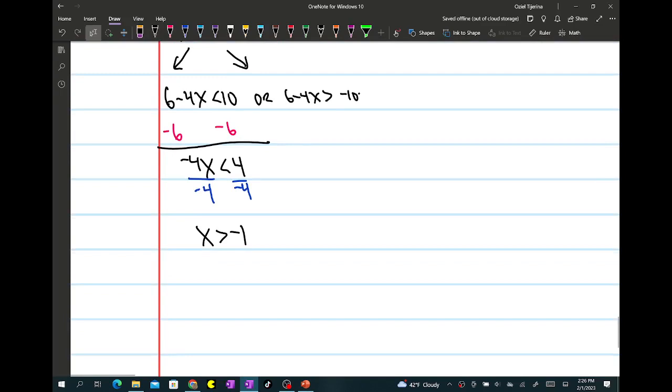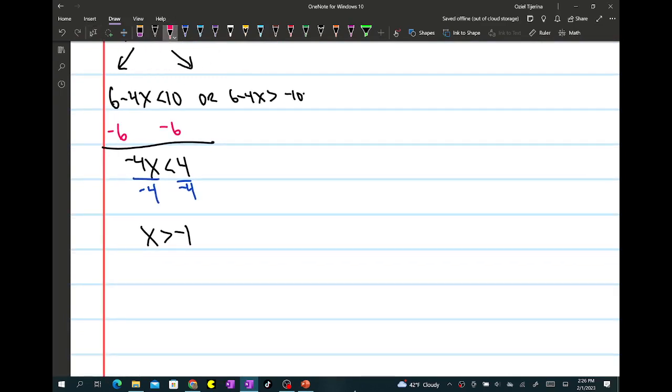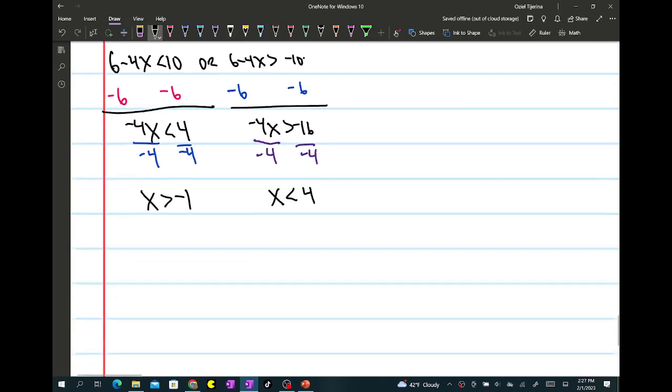On this one, I'm going to subtract 6 on both sides, and I get negative 4x is greater than negative 16. Then I'm going to divide both sides by negative 4 and switch the inequality symbol. So I'm going to say x is less than 4.